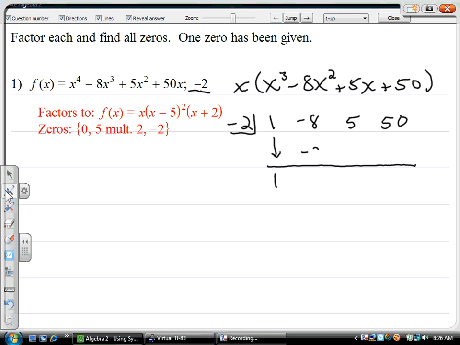What do we get? -2. -8 and -2 make -10. So we'll get -10 times -2, and we're going to get 20. 5 plus 20 is 25. 25 times -2 is -50. So we have no remainder. We're in good shape. Let's see what we're left with.